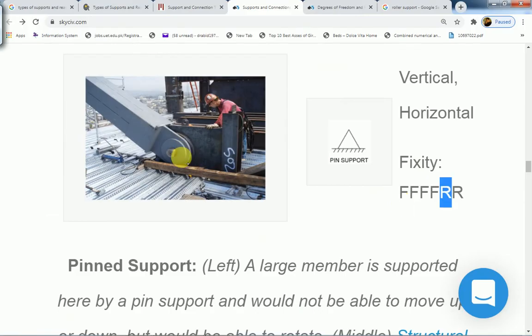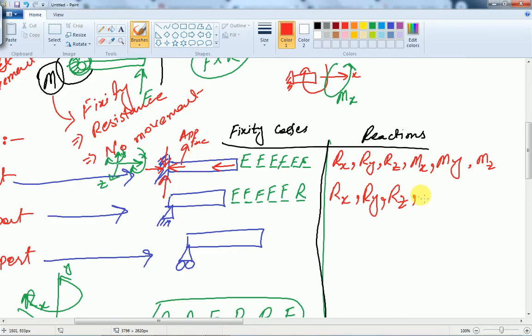Is this body permissible to rotate about x-axis? No. If it is not permissible to rotate about x-axis, then surely there will be a resistance in rotation about x-axis. We call that resistance in rotation the moment about x-axis.